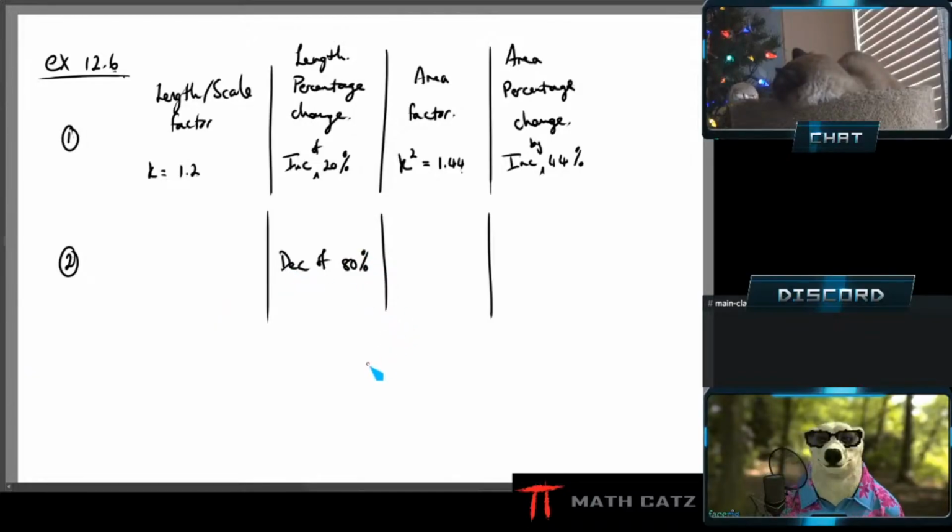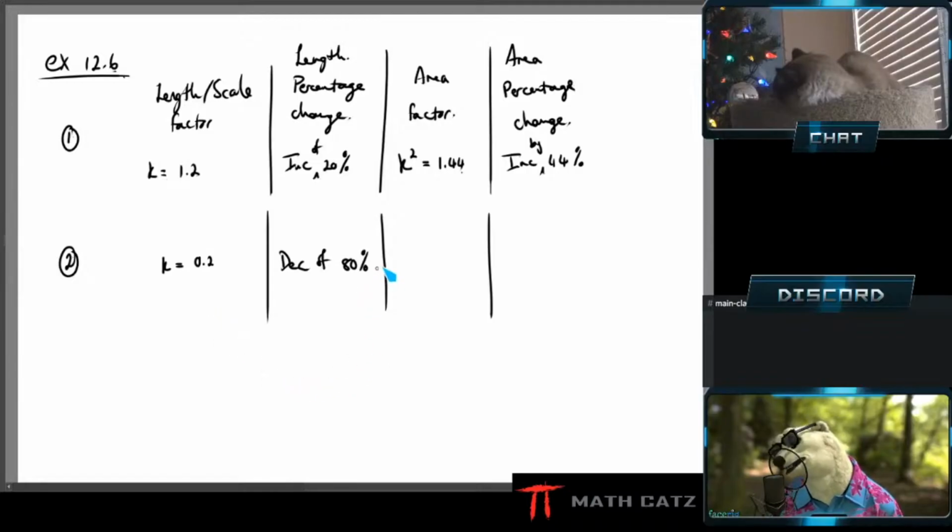They can't just say, oh, it changed 80%. Yes, but is it up or down? I don't know unless you tell me. So let's mix it up and go down. Then the scale factor is going to be the decimal version of 80%, which is 0.8, down from 1, so I'll get 0.2. So it's a big drop, which means my scale factor is far away from 1.